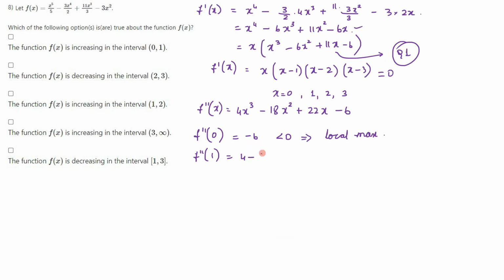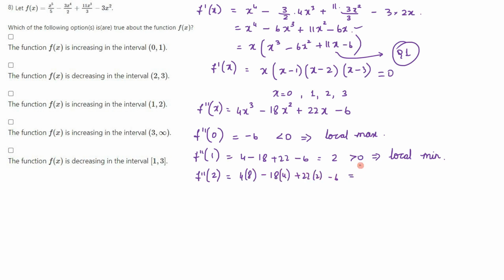Now f double dash of 1, that is nothing but 4 minus 18 plus 22 minus 6, that is equal to 2, which is greater than 0. It means that we have a local minimum at x equal to 1. Now f double dash of 2, that is 4 into 8 minus 18 into 4 plus 22 into 2 minus 6.